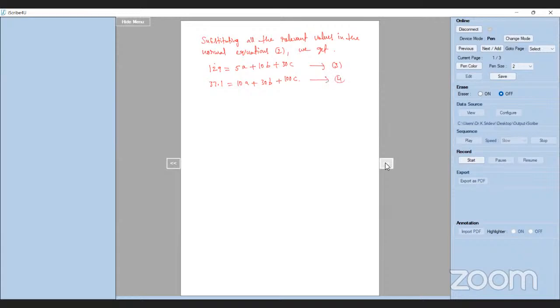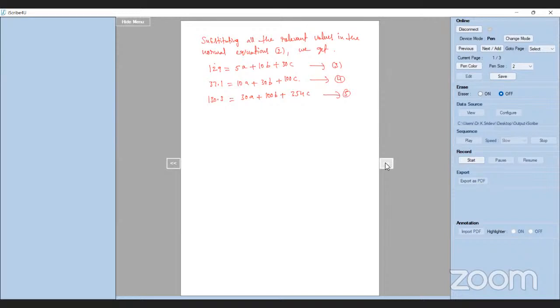Give equation number 4. Next, according to the third normal equation, summation x square y 130.3 is equal to A summation x square 30A, B summation x cube 100B, plus C summation x to the power 4, 354C. Give equation number 5.